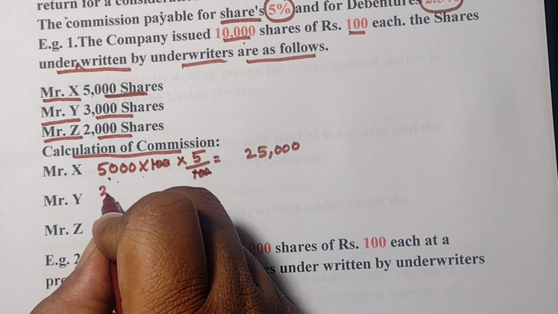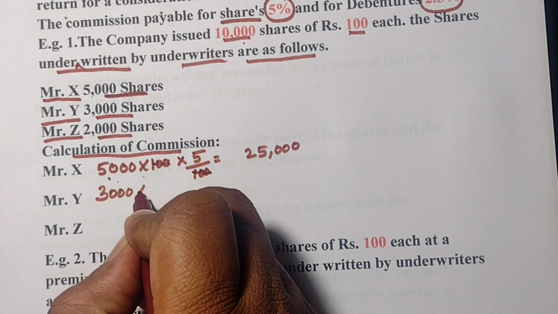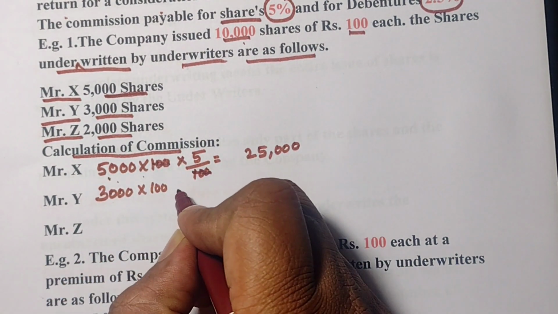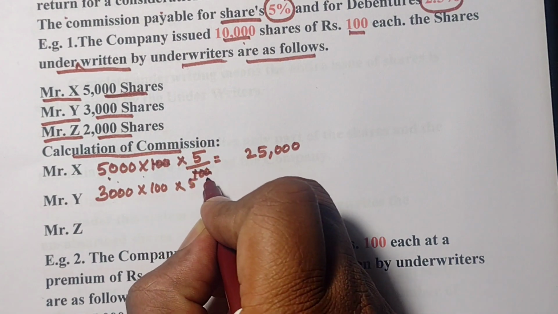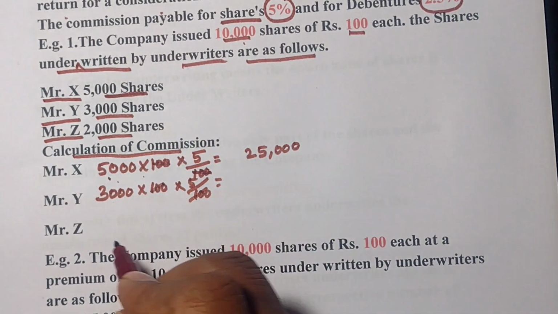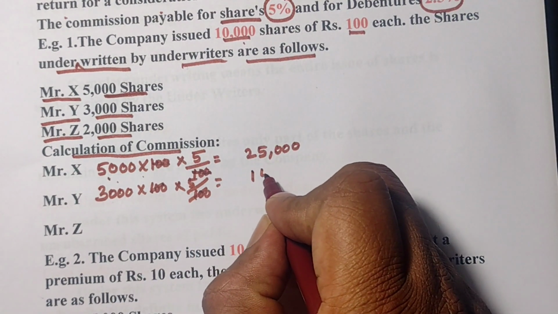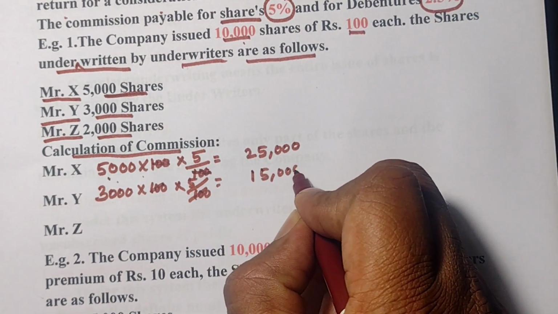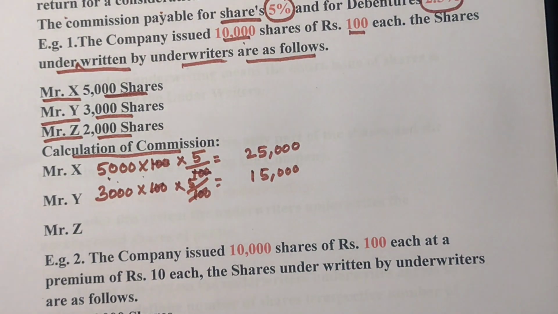And for Y, 3,000 shares of ₹100 into 5 by 100. Again the 100 gets cancelled. 3 fives are 15. So 15,000 rupees is the commission.